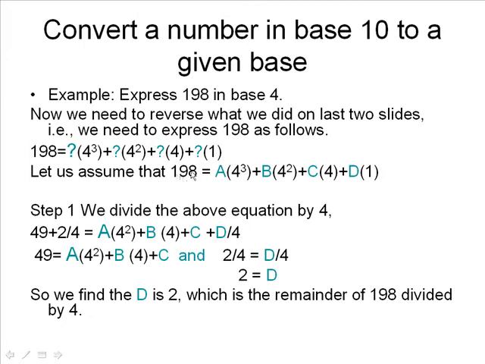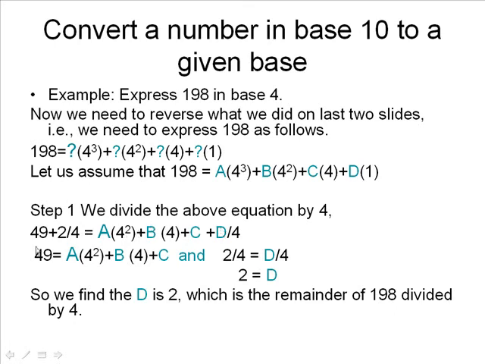So 198 divided by 4 can be written as 49 plus 2 over 4. Look at this equation. The left side has an integer 49, and the right side has an integer part. Because this is an identity, the integer on the left should equal the integer on the right, and the fraction on the left should equal the fraction on the right.